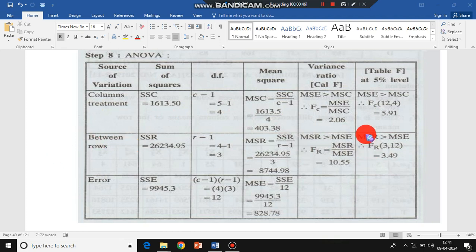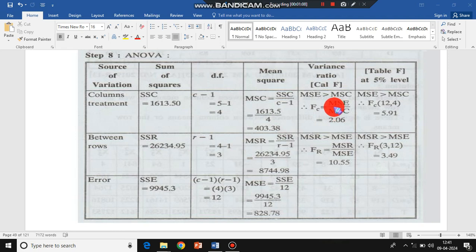How to find that? Look at this particular expression here. The calculated value of F column wise: the numerator is MSE and the denominator is MSC.